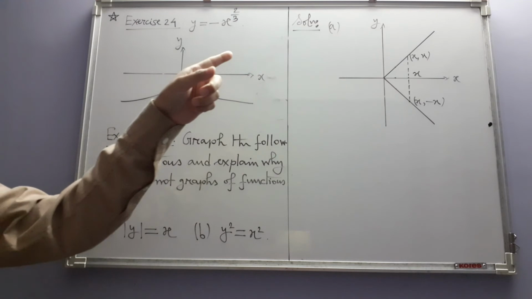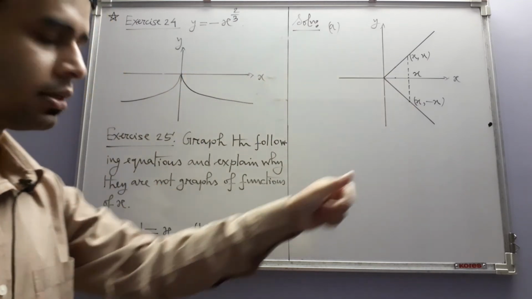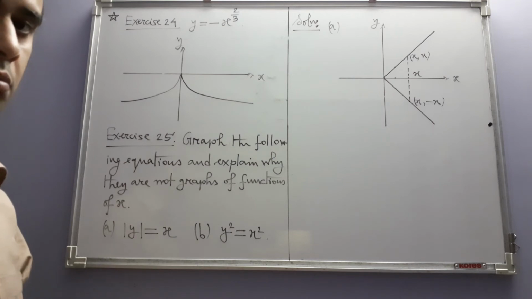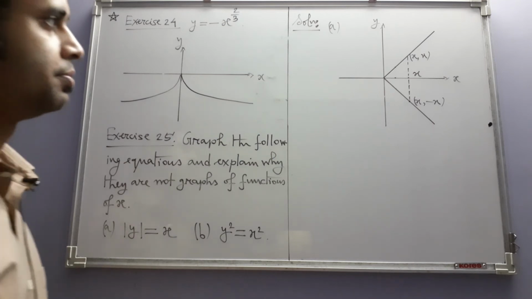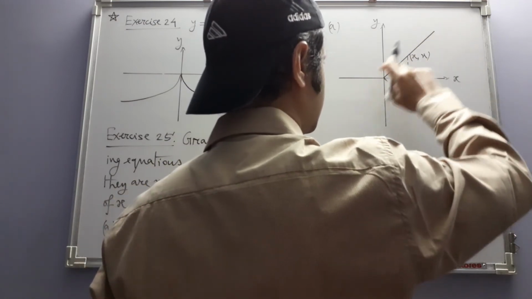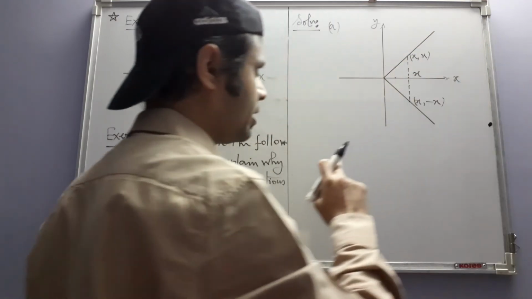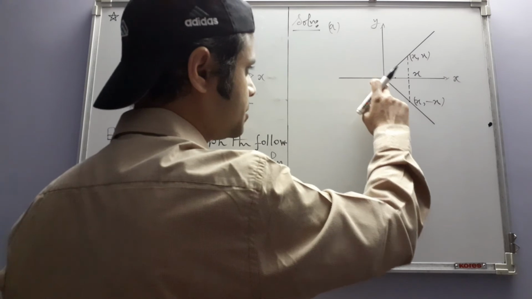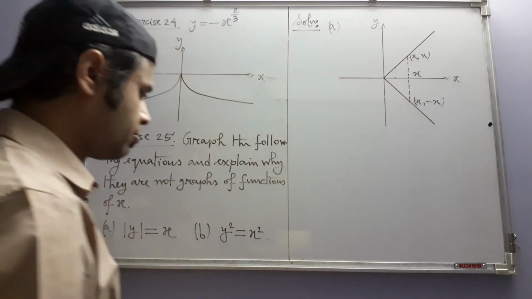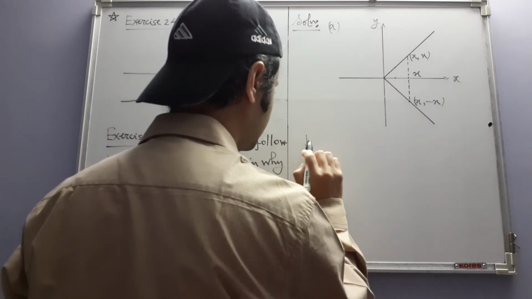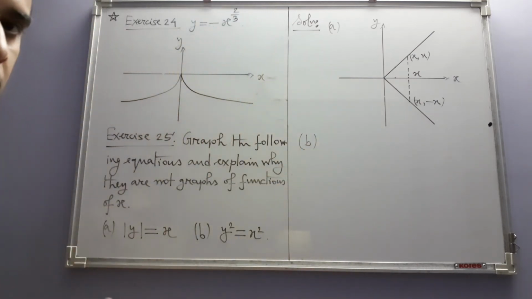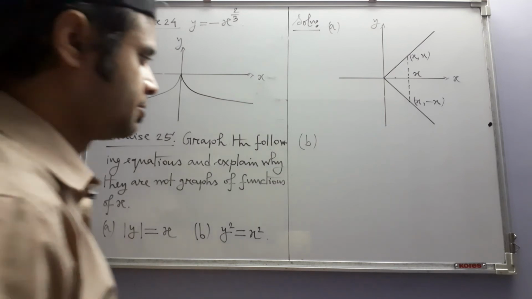So those two values of y, x and minus x, can be put here. Both of them will give you x because x is positive. So one half of the graph is this part of this line y equal to x and the other half is y equal to minus x. Okay, let's draw the other graph also and then we will see why they are not graphs of functions of x.